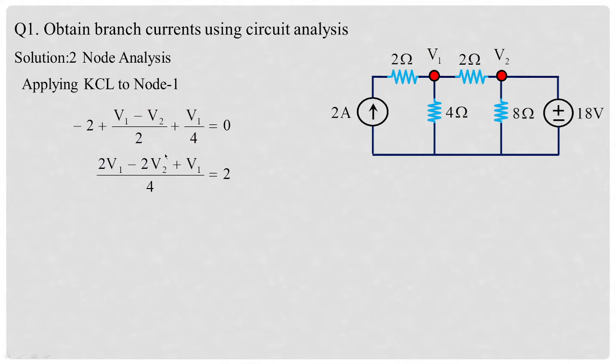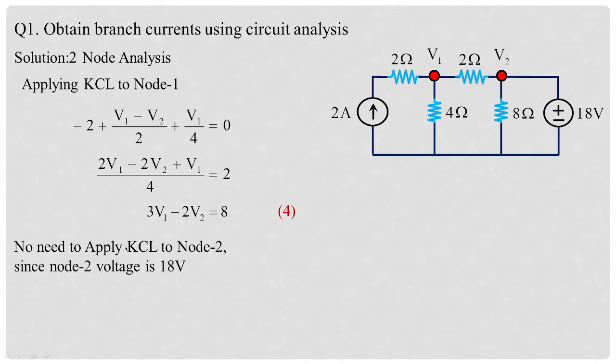So with this you can simplify and get the general equation for node 1 as 3 V1 minus 2 V2 is equal to 8. So in the previous analysis, we have taken 1 to 3 equations. So for this particular equation, I'm treating as 4.